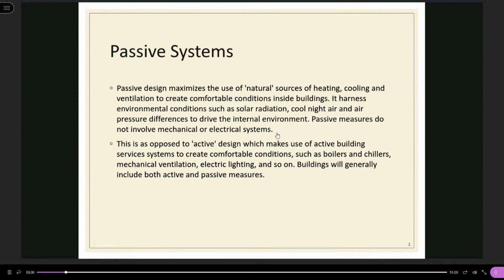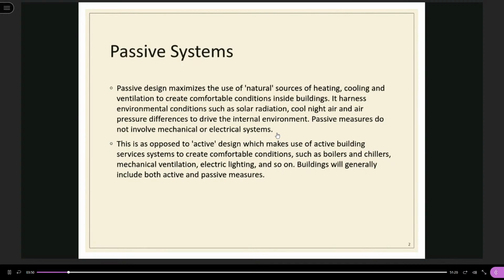So these are active systems. The electrical lighting is an active system, okay? But for passive systems, we don't use mechanical fans or air conditioning or electrical lighting. We make use of the natural resources.